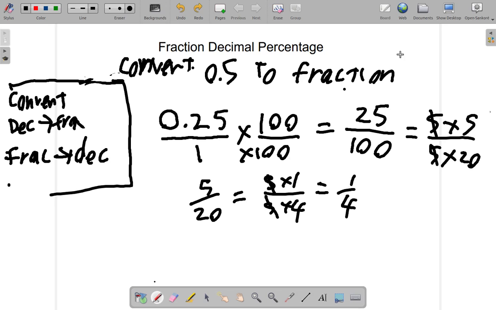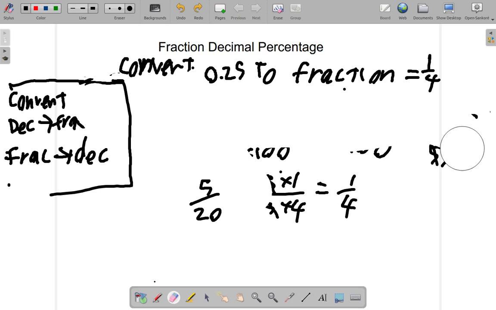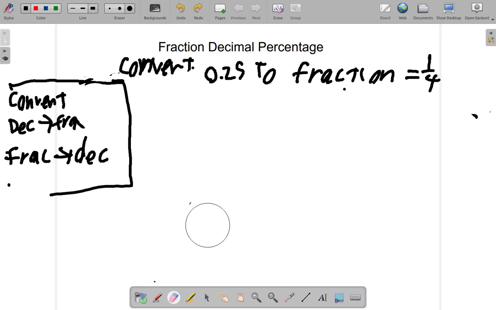So let me make a note of that. I have the 0.25, I converted 0.25 to a fraction and I get a quarter. Now what I want to do is convert the quarter to a decimal. When you're going to convert a quarter to a decimal, use long division.